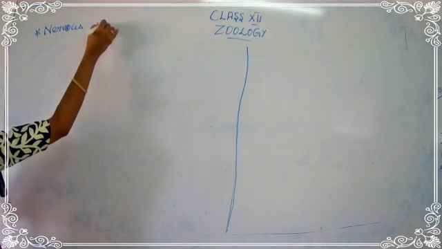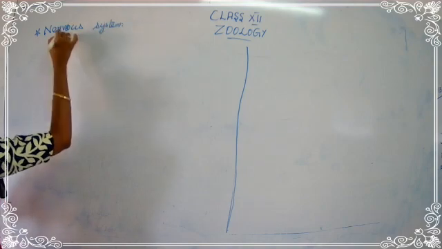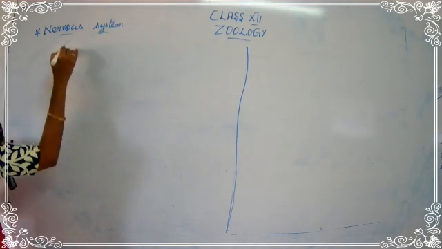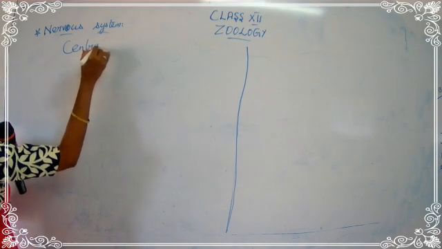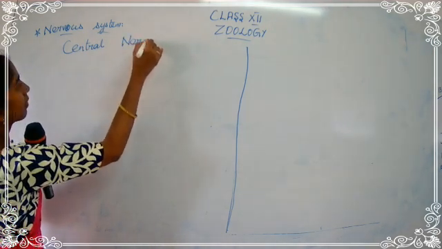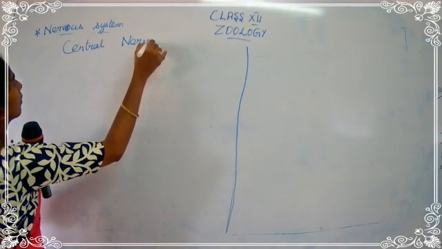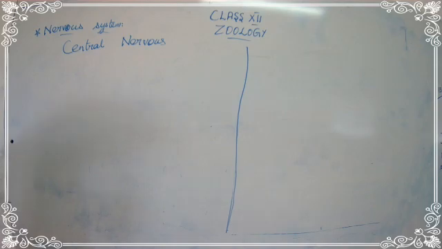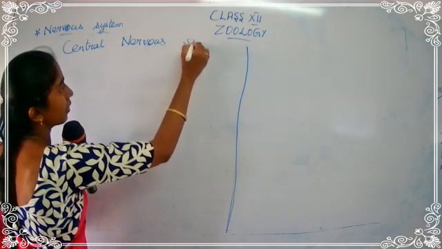Okay. The nervous system is divided into three parts. First one is the central nervous system.